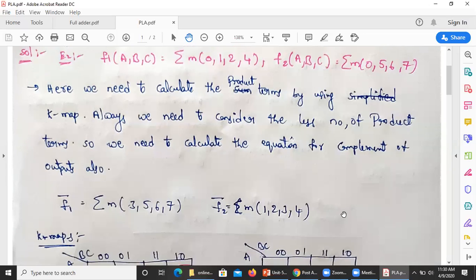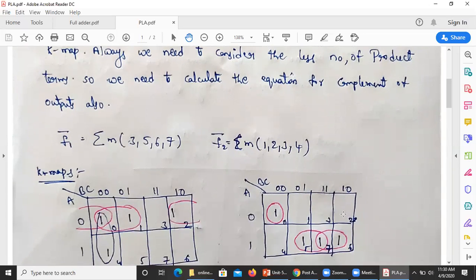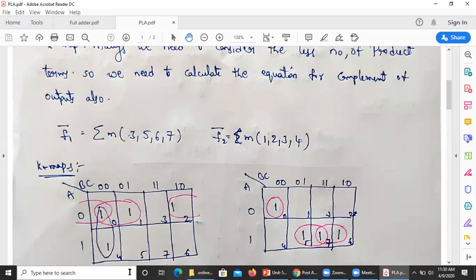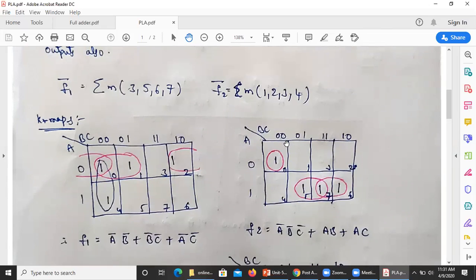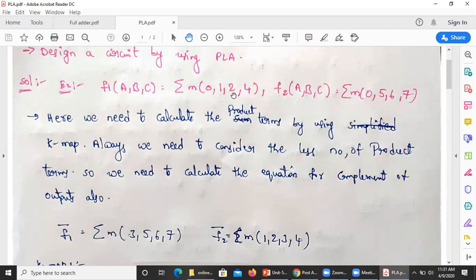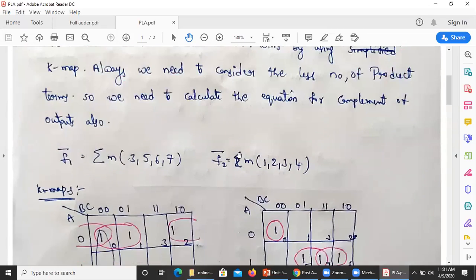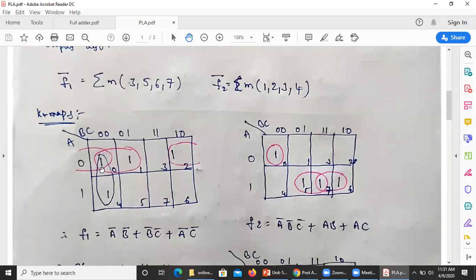That's why we consider the F1 and F2 equations. Using the K-map for F1, which contains the min terms 0, 1, 2, 4, we have one set. By doing the mapping, we are going to get three pairs.